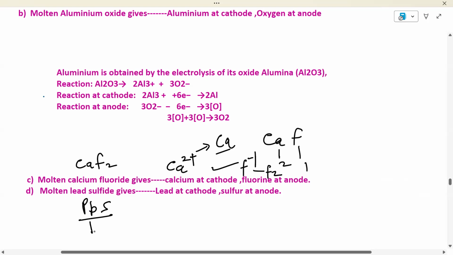Because the valency of lead is 2 and the valency of sulfur is 2. So the formula would be PbS. And here lead, being a cation, moves towards the cathode. And sulfur, being an anion, moves towards the anode.